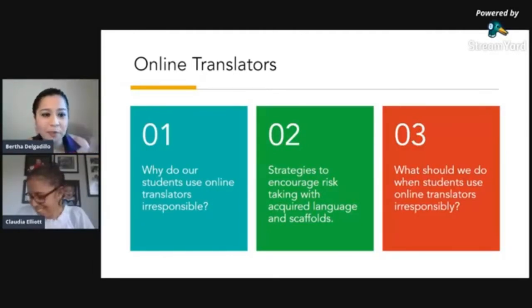The third point is what to do when students do use them, because Claudia and I are not telling you that we have 0 students use translators. We do, but it doesn't happen like it used to. When we find that a student used one, we address it and it doesn't happen again, so it rarely happens in our classes. So what should we do when students use online translators irresponsibly?